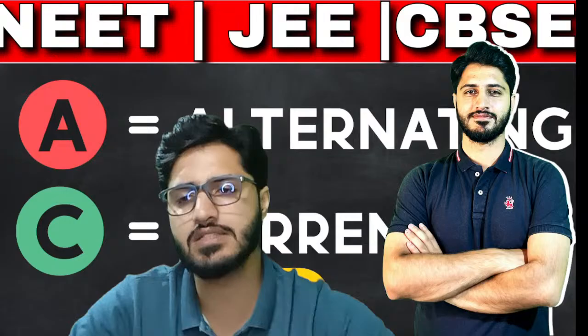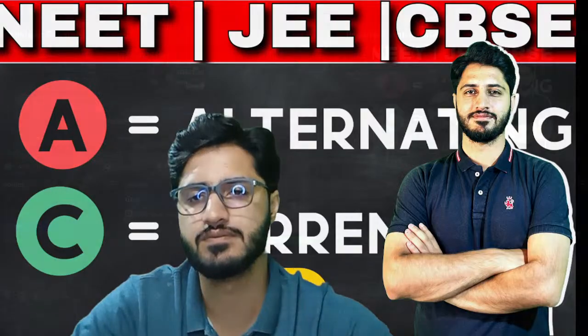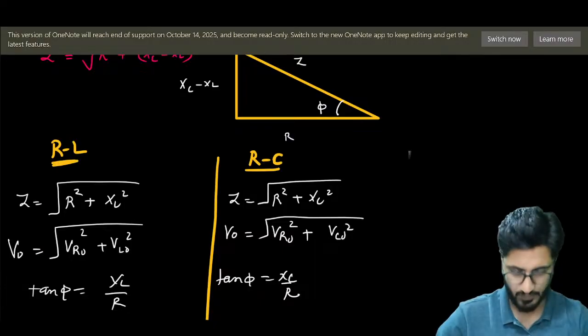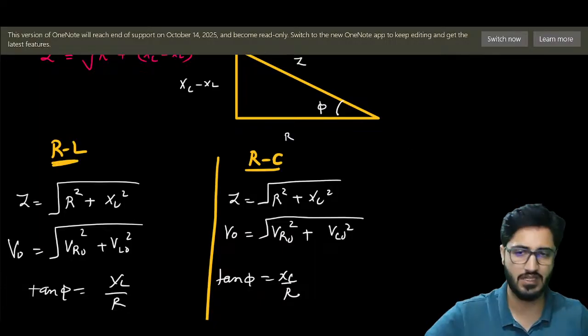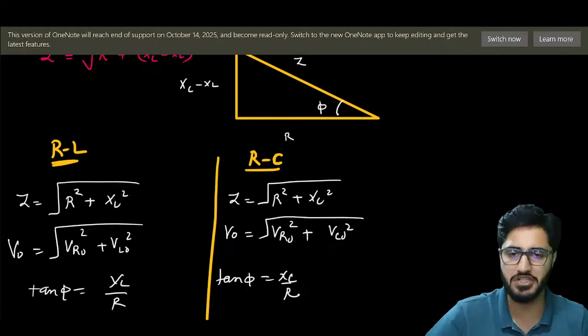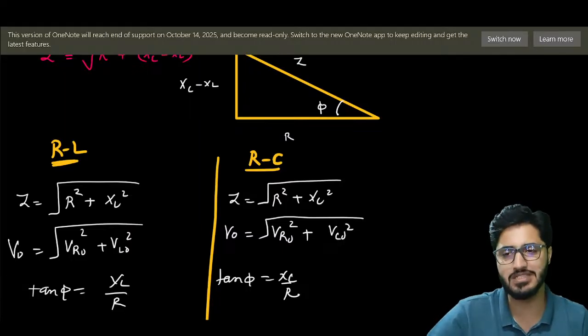So let us continue the series. Then we discussed the RL and RC combinations, and in the RL combination the impedance, the net resistance given by the circuit, is the square root of R square plus XL square, where XL is omega times L.